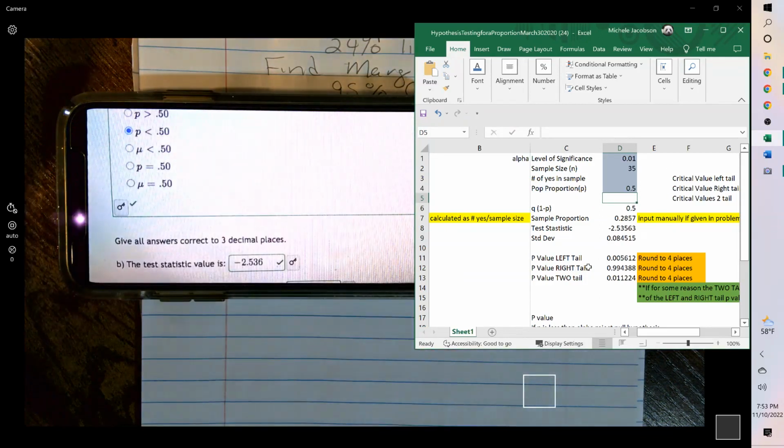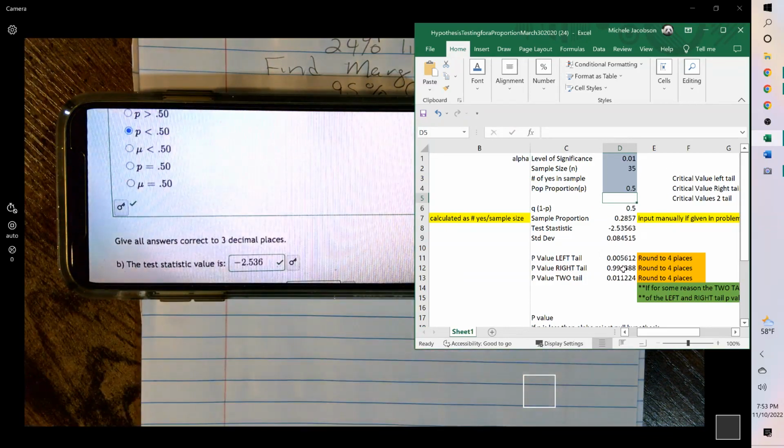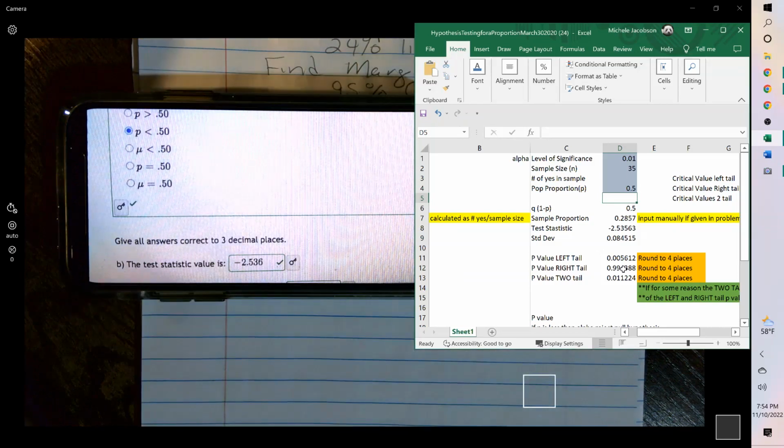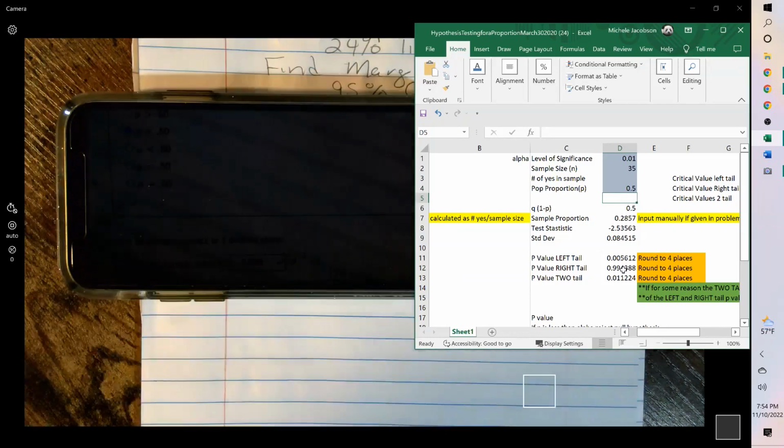So if we needed the p-value, it would be this one here, 0.005612. And this p-value is less than the alpha, so we would reject.